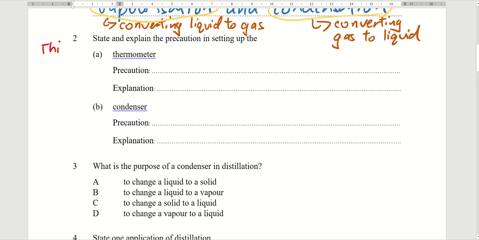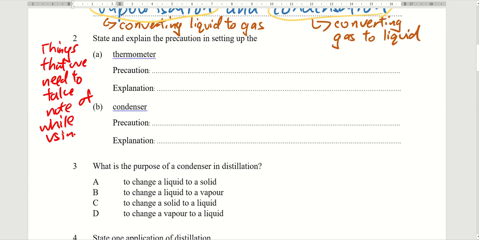So I put it down here: things that we need to take note of while using. It's not exactly about the dangers, but rather, when you use it, what are the things that you need to take note of.